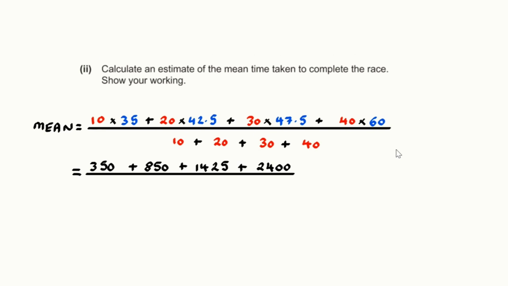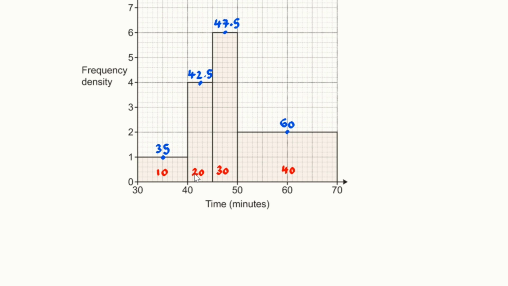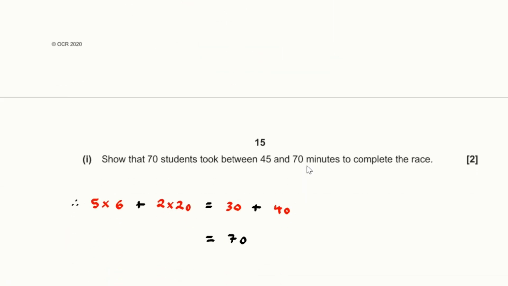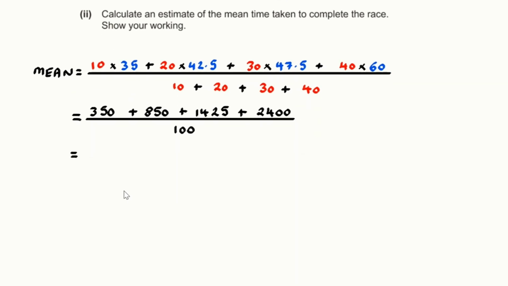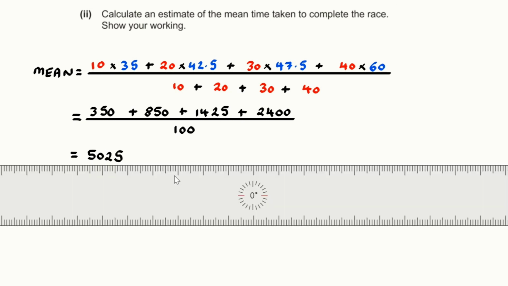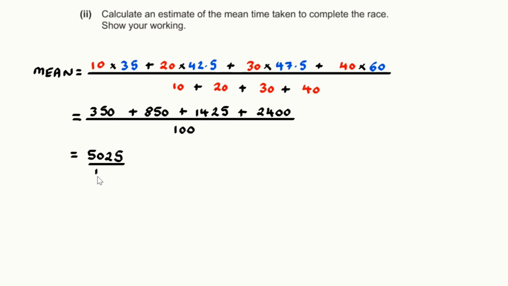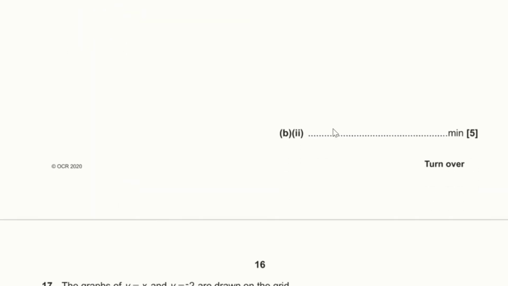And on the bottom, the sum of the frequencies, we've got 10 plus 20 is 30, plus another 30 is 60, plus 40 is 100. So on the bottom we've got 100. So we end up with 5025 divided by 100, which is 50.25. So we have 50.25.